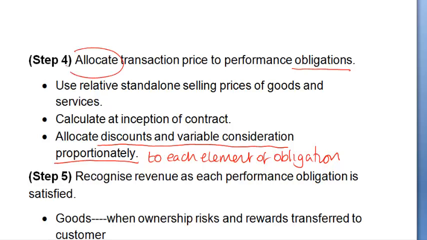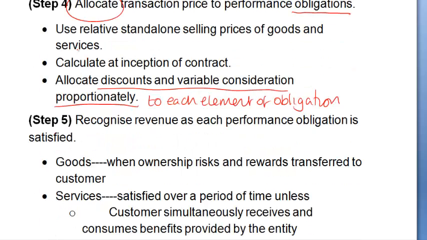So step 4 is our allocation. And finally, step 5, we recognize the revenue as we deliver.